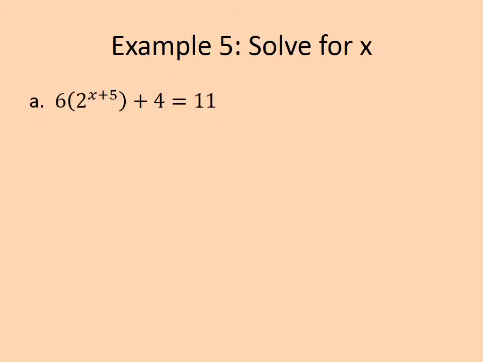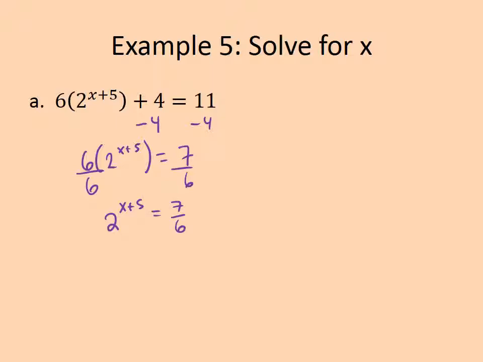To solve this problem using method 1, we first have to isolate the exponent. The way to isolate the exponent in this situation is we have to subtract 4 from both sides. So we have 6 times 2 to the x plus 5 equals 7. Now we need to divide by 6. So we have 2 to the x plus 5 equals 7/6.